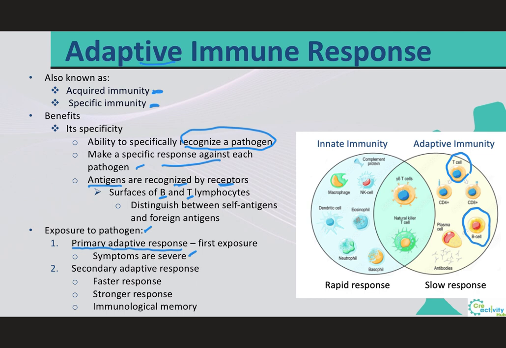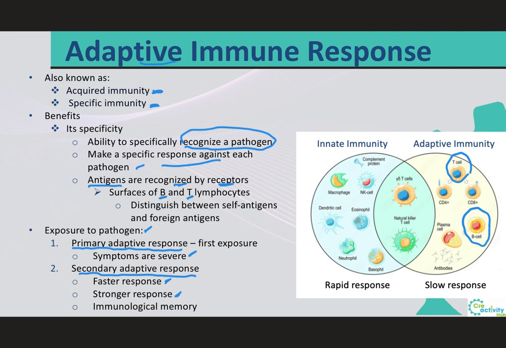And upon re-exposure to the same pathogen, a secondary adaptive immune response is going to be generated, and this one is going to be stronger and faster than the primary response because the cells have already been sensitized to this type of pathogen.